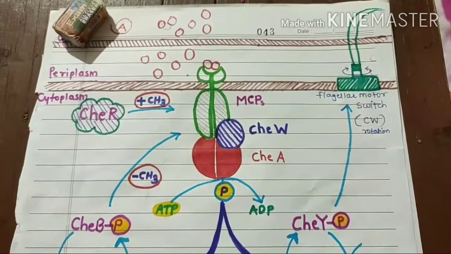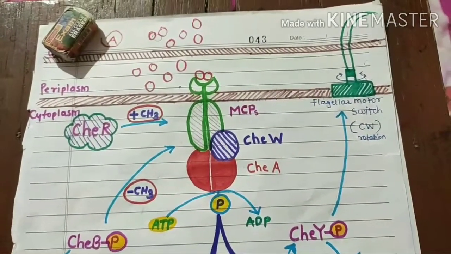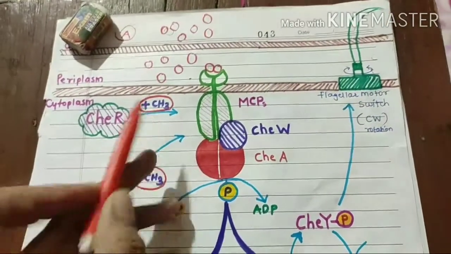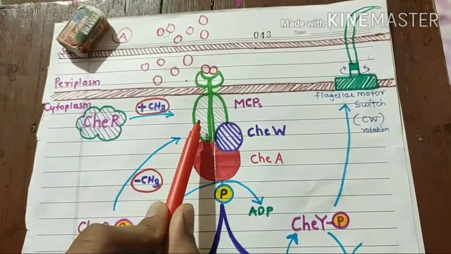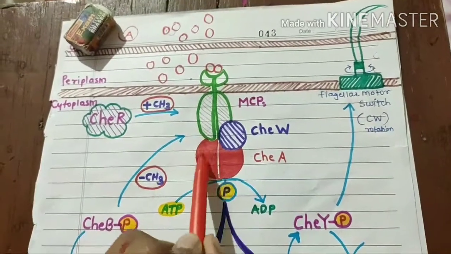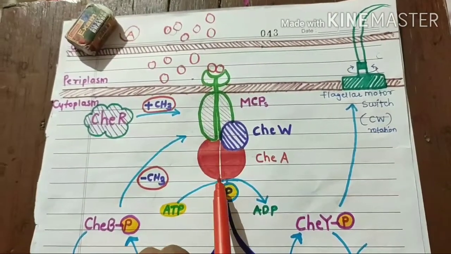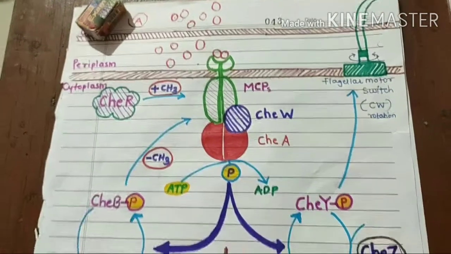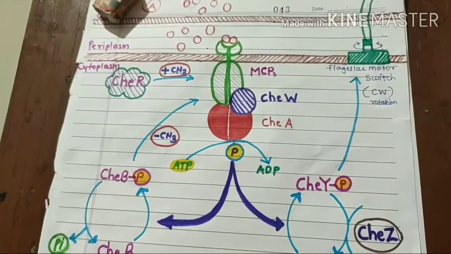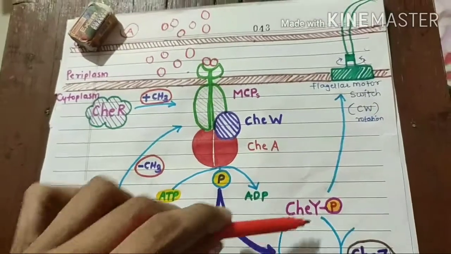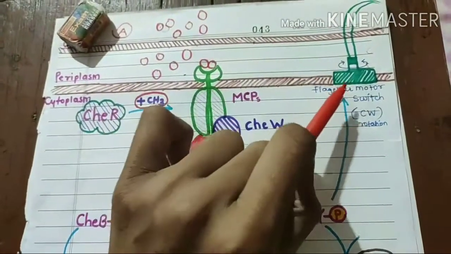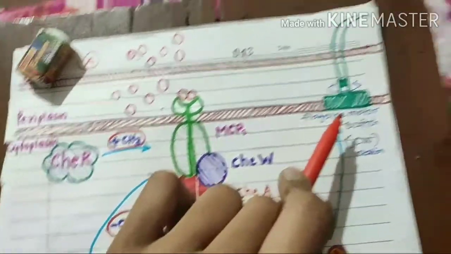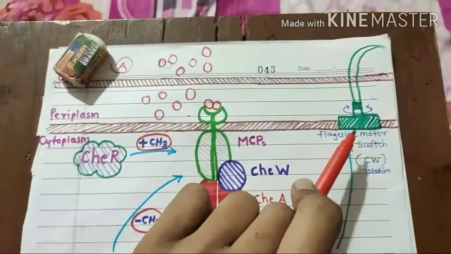So now it will not run smoothly in that concentration of attractant, but now it will tumble more because there is a methylation of this MCP, and because of methylation the CheA protein is in active state, and it got autophosphorylated, and it has phosphorylated CheY protein, and this CheYP binds to the motor switch and causes clockwise rotation of the flagella, and hence there is tumbling.